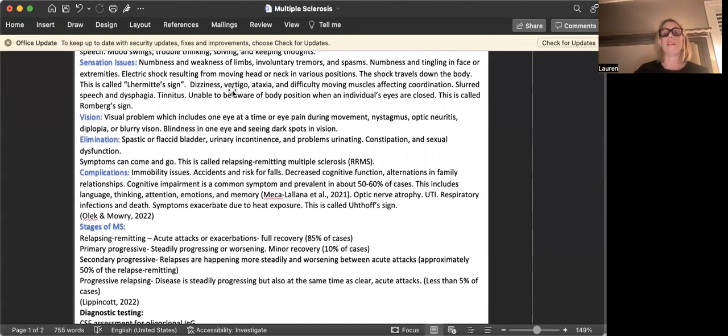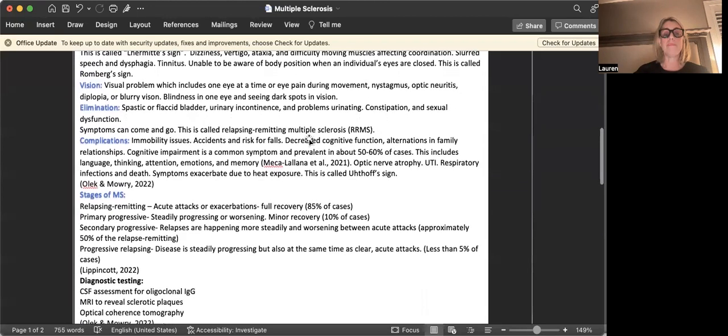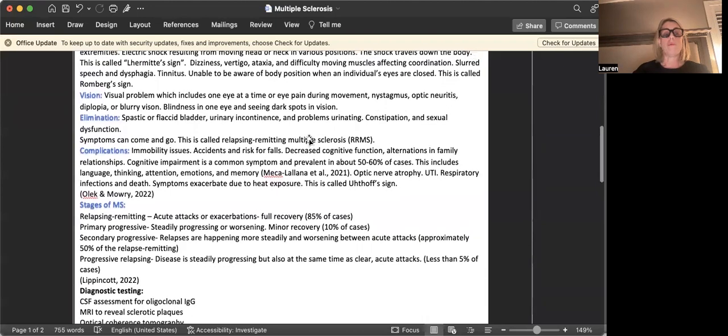You'll also see dizziness, vertigo, ataxia, difficulty moving muscles and coordination, some slurred speech. Also, the Romberg sign, where an individual is unable to be aware of their body position when their eyes are closed.